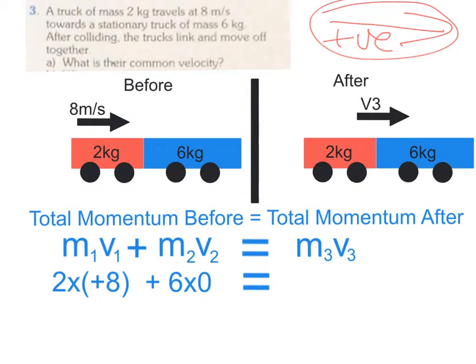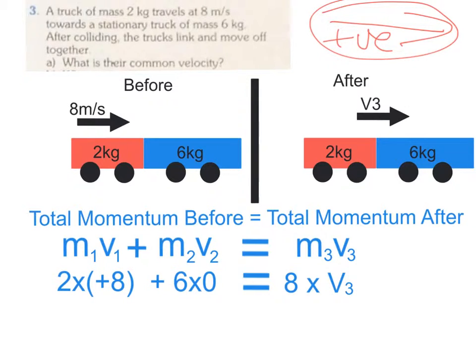And that's equal to 8 kilograms times V3, because we don't know it yet. So we have 2 times plus 8, which is 16, 6 times 0, which is 0, and then 8 times V3. So we've got 16 plus 0 on one side and 8v3 on the other. We need to divide by 8.